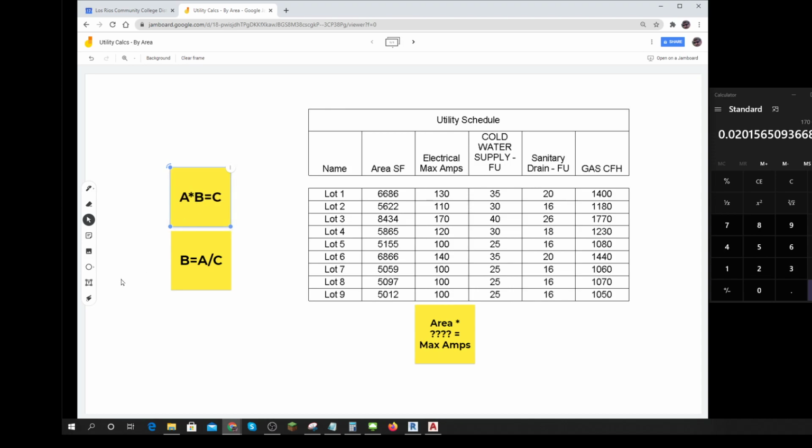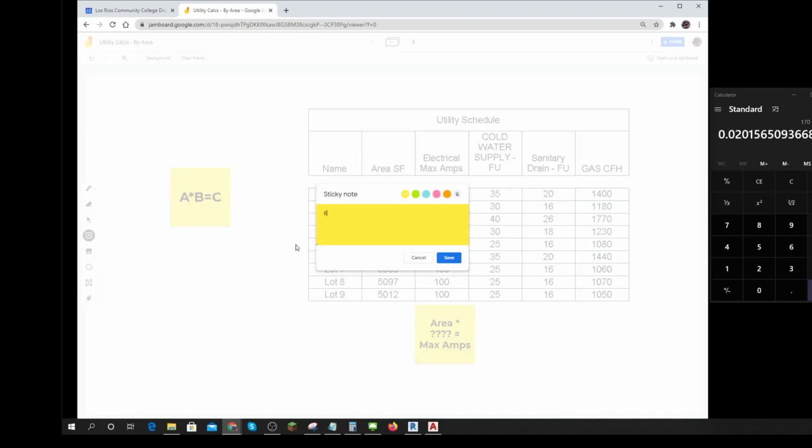Oops, sorry about that. I got the B all by itself. Oh, I didn't do that right. Let's get that right. Huh, I need to put the A on the bottom. Let's try that again. B equals C, and then put the A on the bottom.